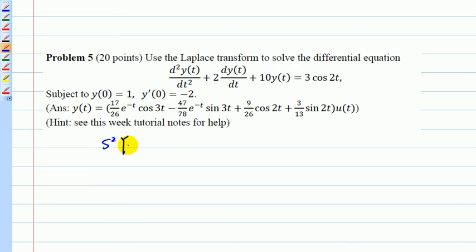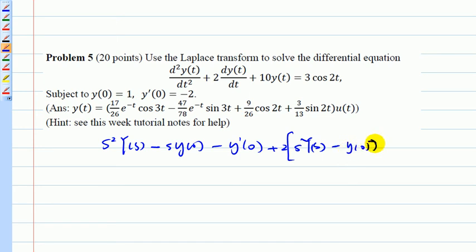So this is s squared Y of s minus s y of 0 minus y prime of 0, plus 2 times s capital Y of s minus y of 0, and the last one here is 10 capital Y of s.